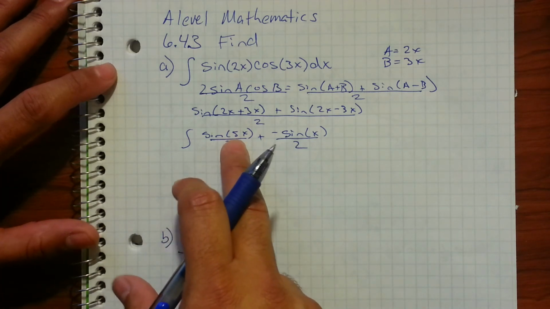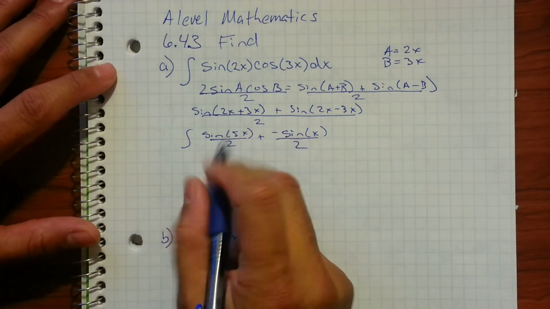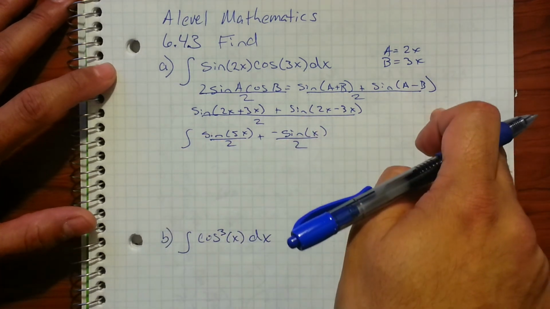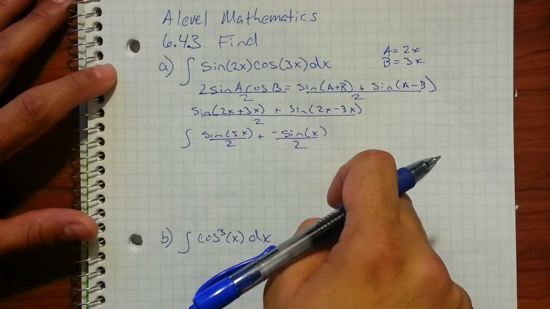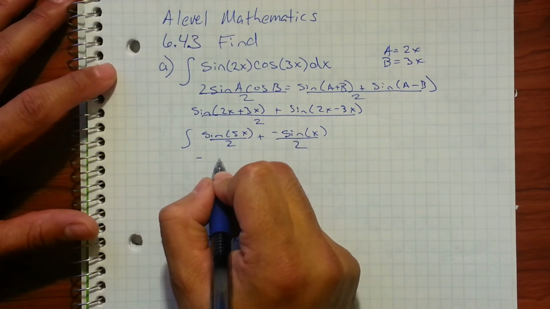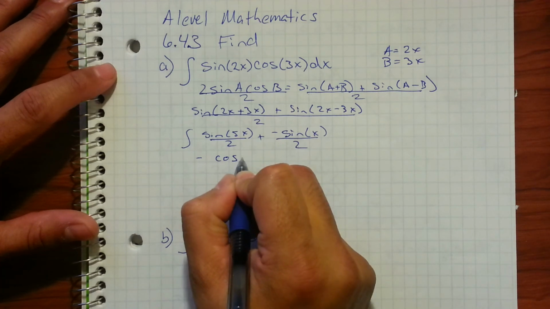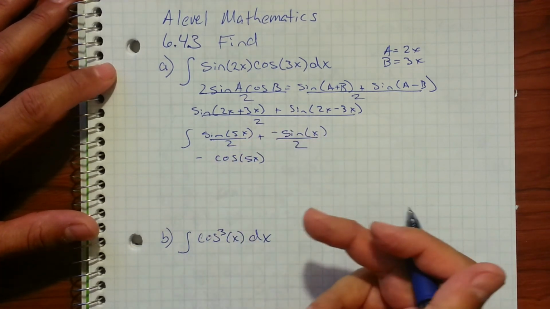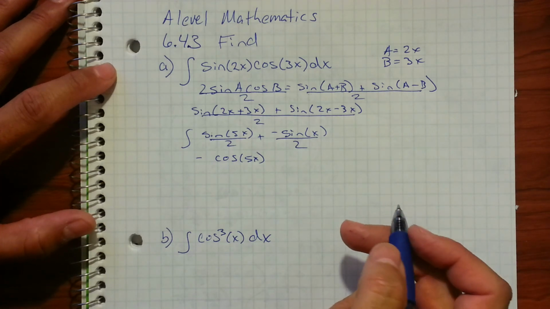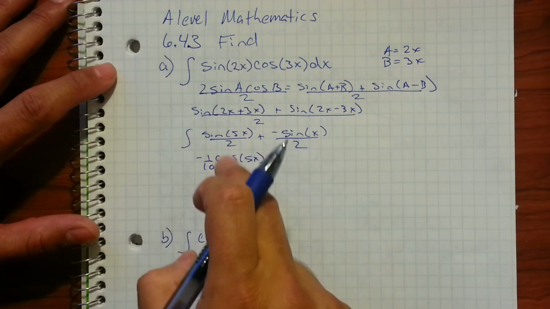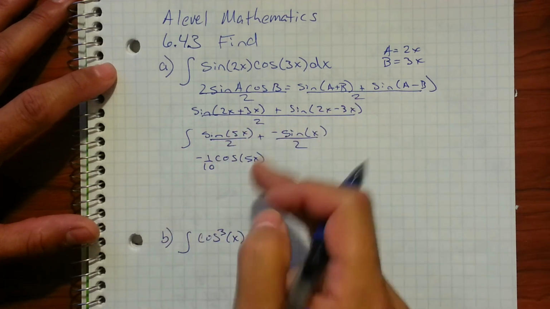So this one right here is going to give me, let me see, the integral of sine starts here and it goes this way, so it's negative cosine. So I'm going to end up with a negative cosine of 5x. Now I take care of that right there, so it's going to be 1 over 10, because that goes down, and there's already a 2 down there.